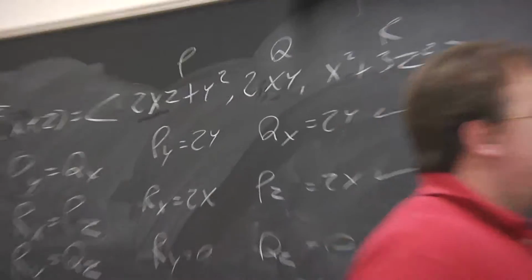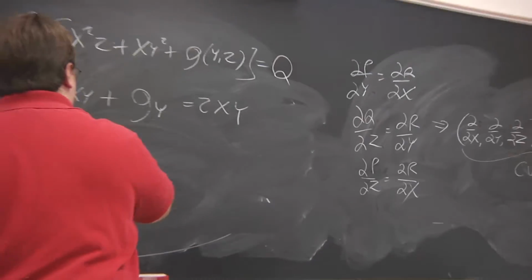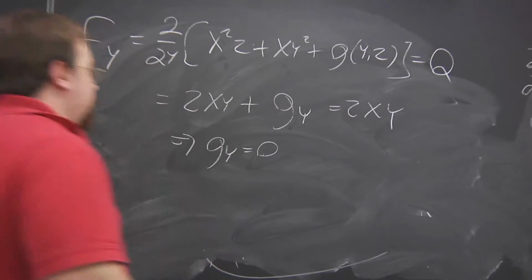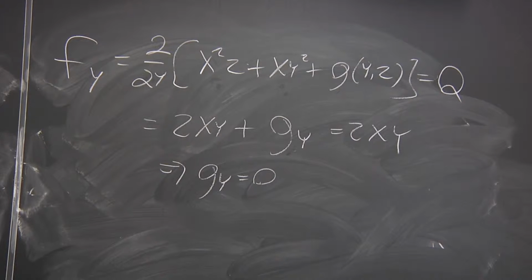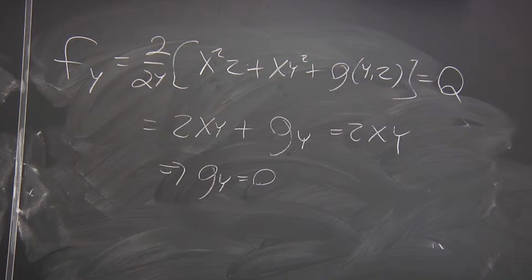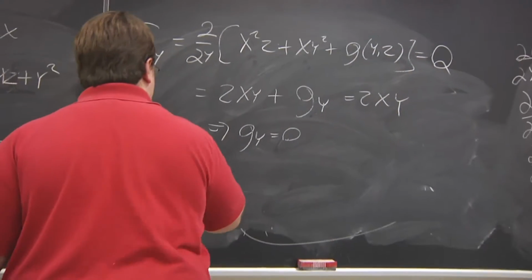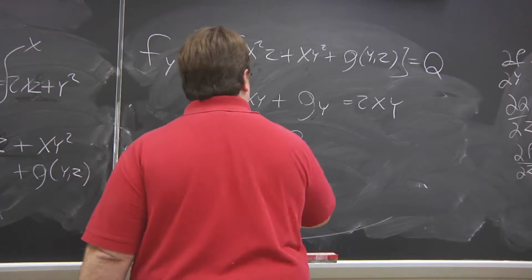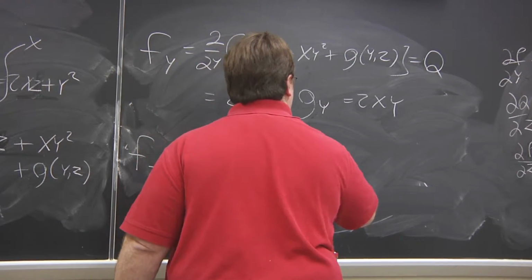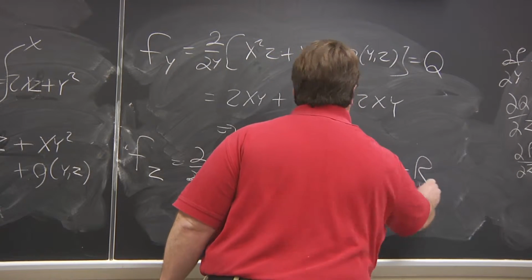So g is independent of y. g_y, dg/dy, is equal to 0. So that's one thing we know about it. But now we need to check the partial with respect to z of x squared z plus xy squared plus g of yz, and that should be equal to r.